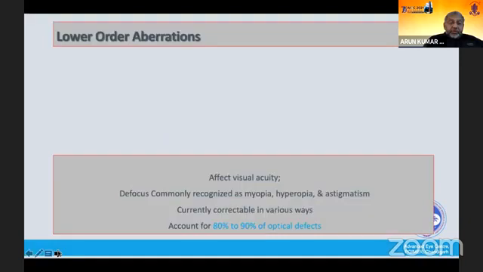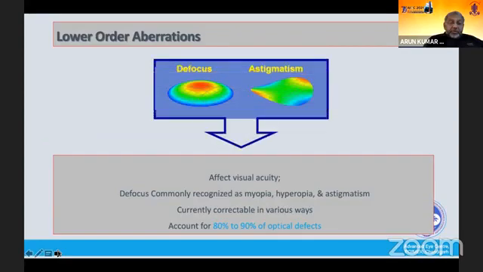Before we go into the details, first of all, we will discuss the lens design. As we all know, mostly the lens grossly corrects the lower order aberration in the form of defocus or astigmatism. And these two lower order aberrations are responsible for 80 to 90% of the optical defects, which we are trying to correct by doing IOL surgery or any other type of refractive surgery.